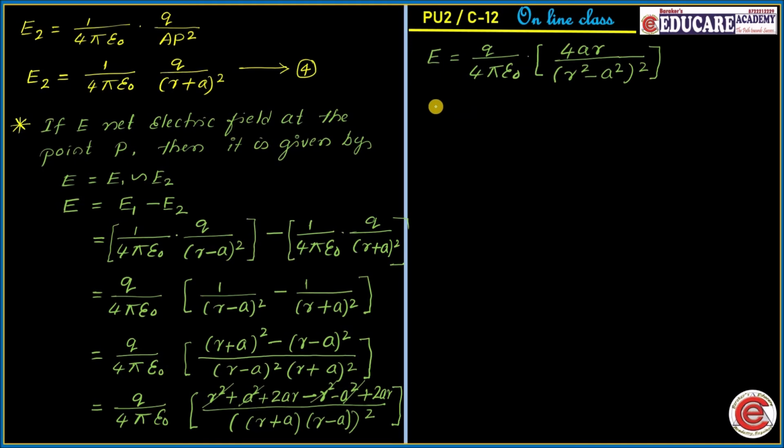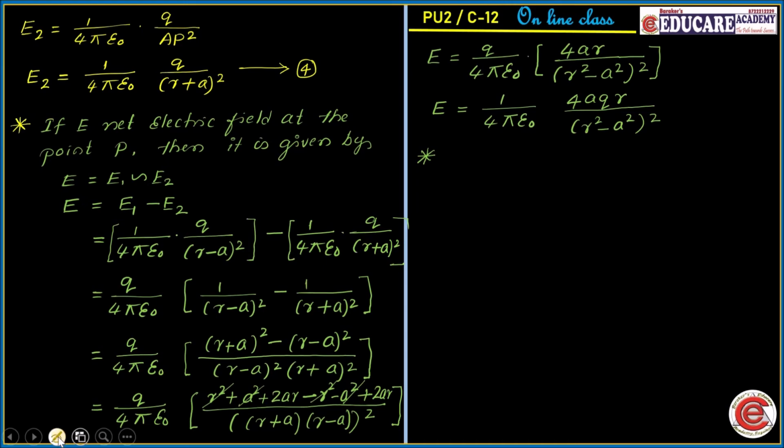Okay, now it can be further simplified as 1 divided by 4 pi epsilon naught, and q is associated with the term 4aq into r, whole divided by (r square minus a square) whole square. At this stage we have to make one consideration.